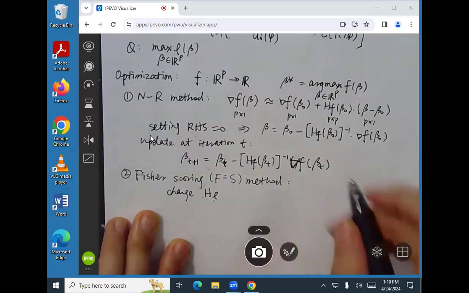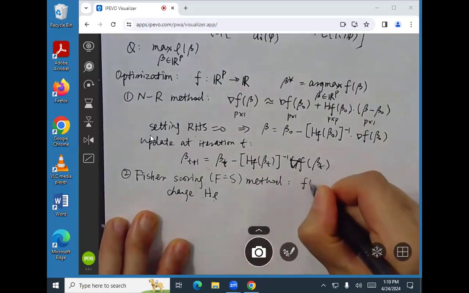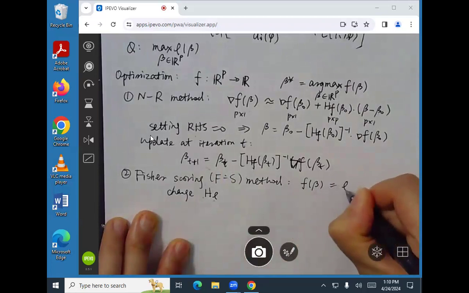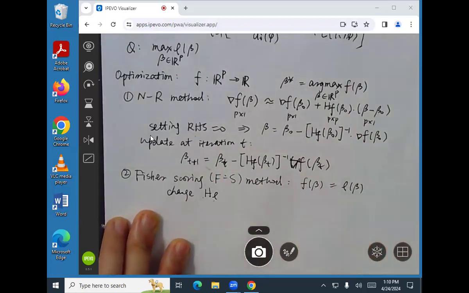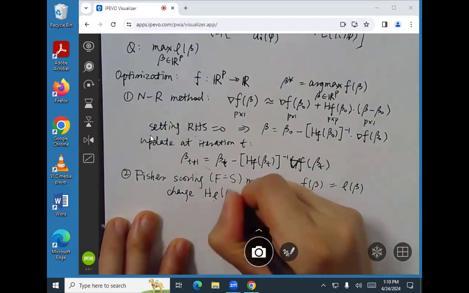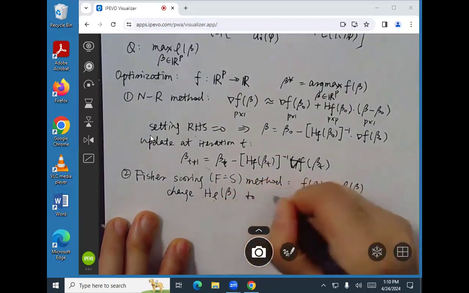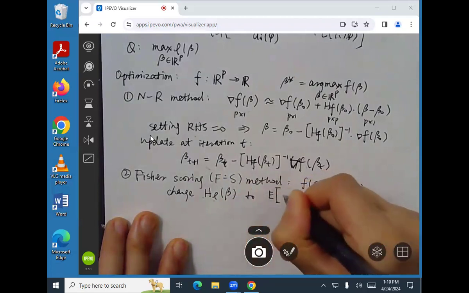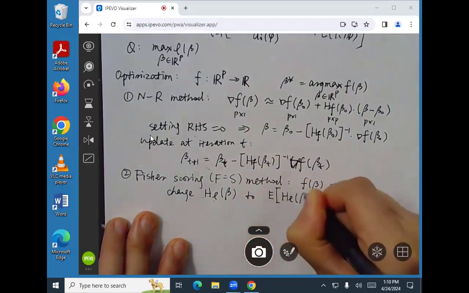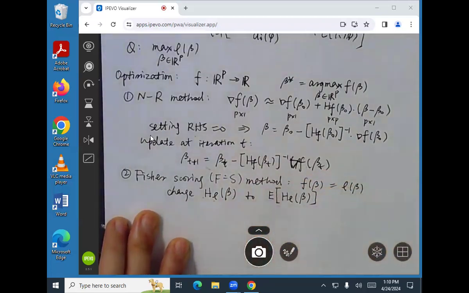I will say here the F of beta is just our log likelihood at beta. So we change the Hessian of the log likelihood at beta to the expected value of the Hessian at beta. That's the major change we have.